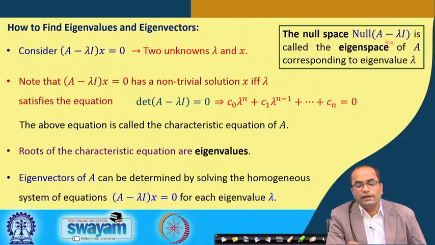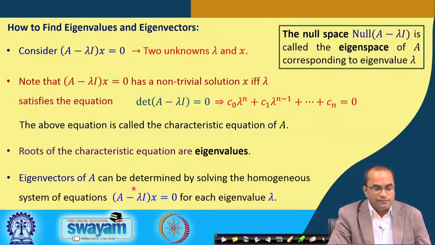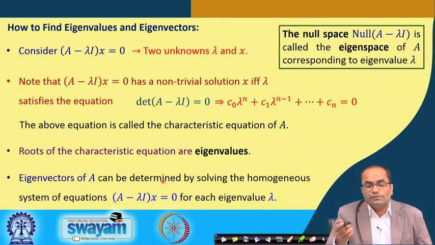We will be talking more on this now. And this is the null space of A minus lambda I. The null space means these x, and it includes the 0 also. The null space is called the eigenspace of A corresponding to the eigenvalue lambda. So what is in the null space?